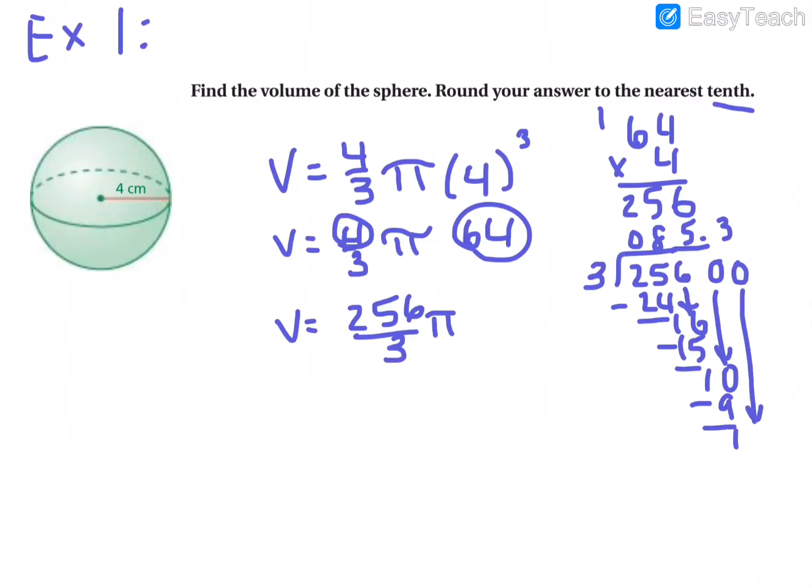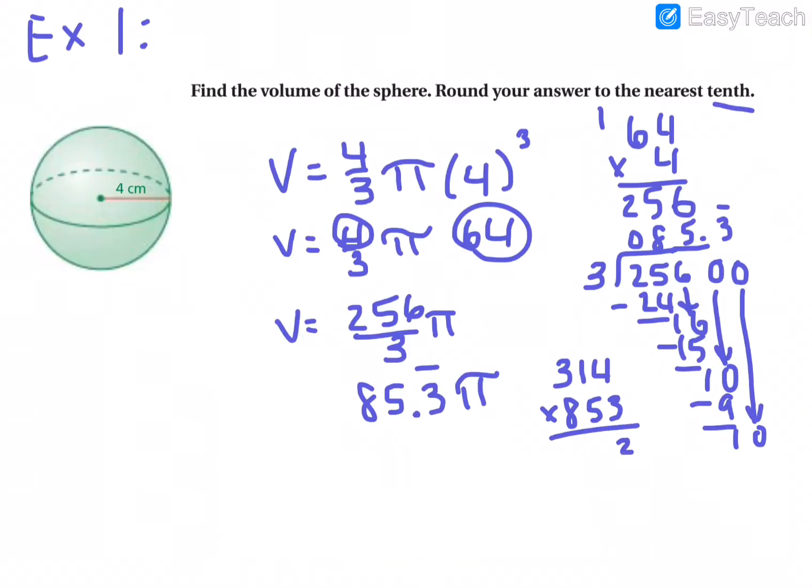And I get a repeating decimal of 3. So it's 85 and 3/10 repeating times pi. So my last step is just to do 3.14 times 85.3.